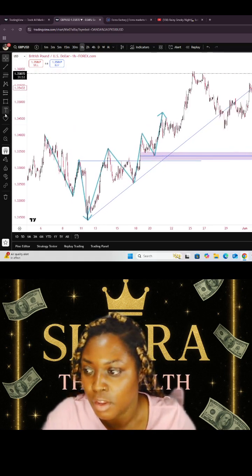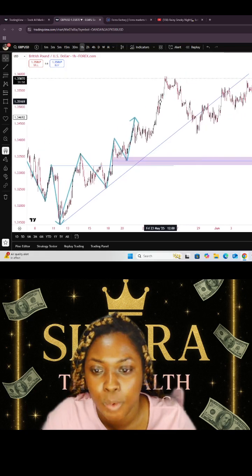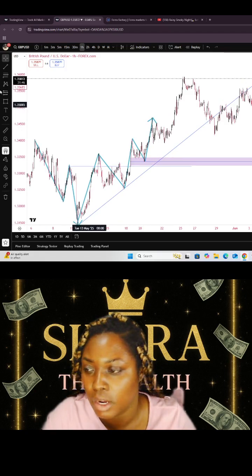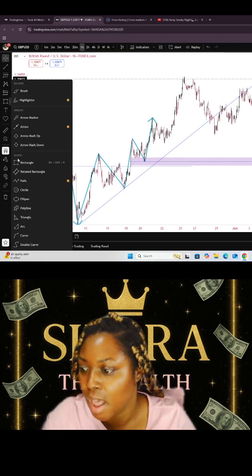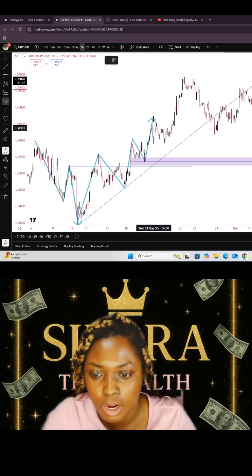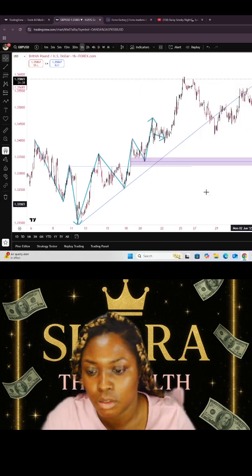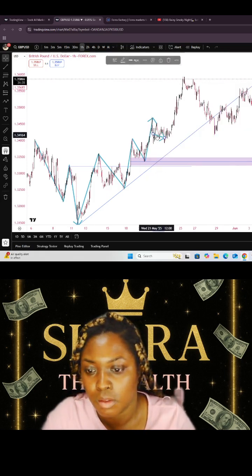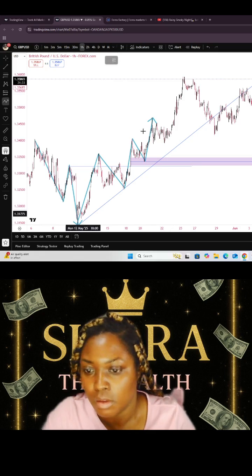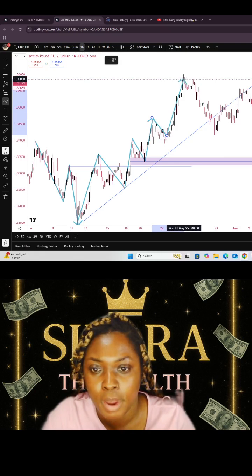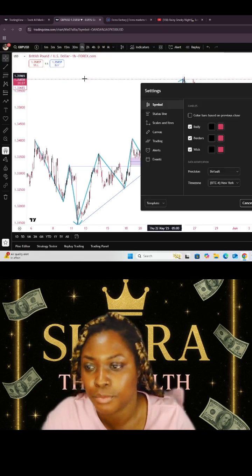All right. So let's see if we can find an area to where price can pull all the way back, right? And I see one right here, actually. So this is our last structure point. This is our pullback. Price pushed all the way up here, okay?